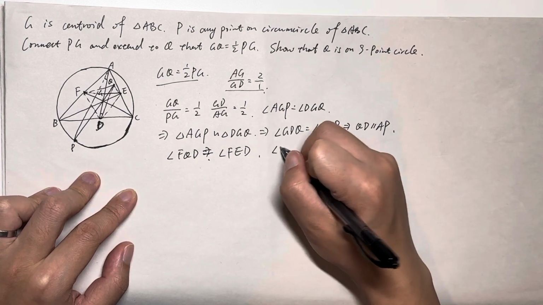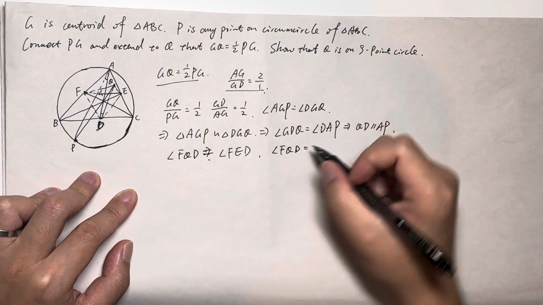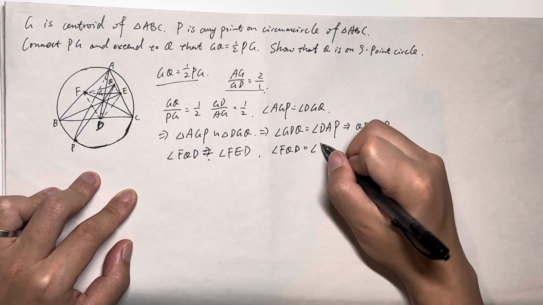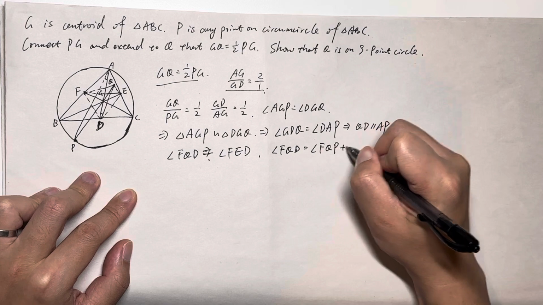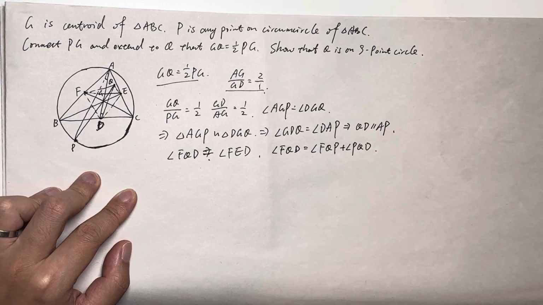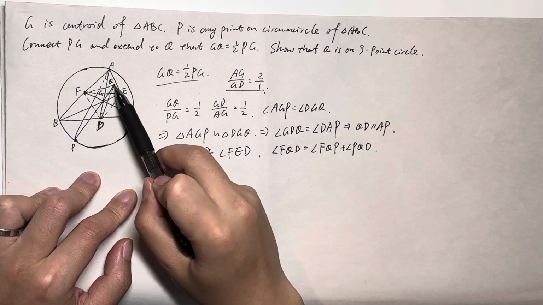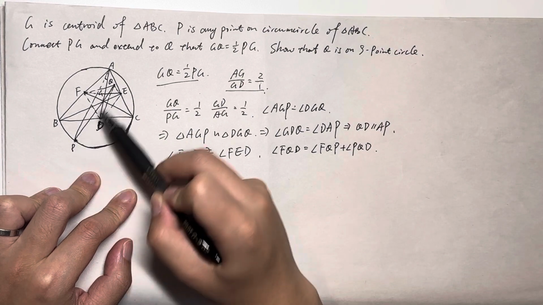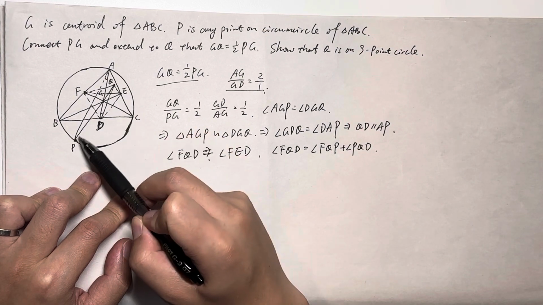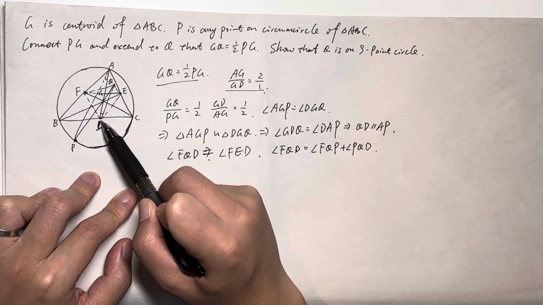So angle FQD can be rewritten as angle FQP plus angle PQD. That's angle FQD.